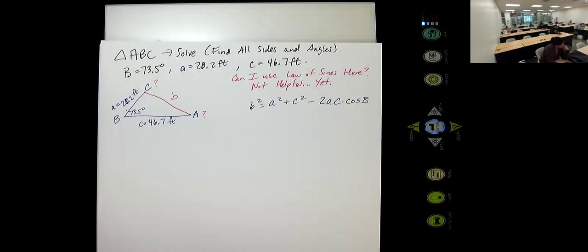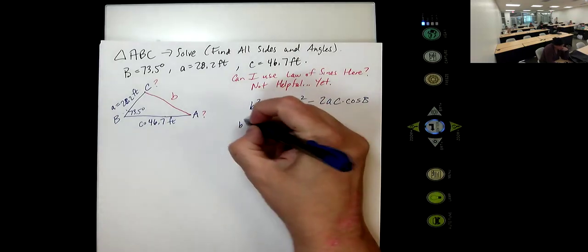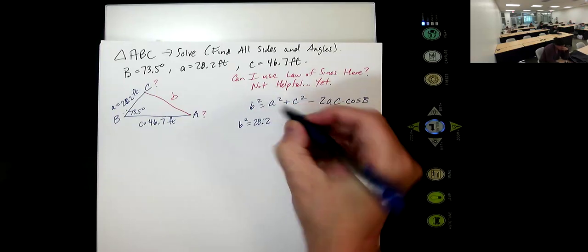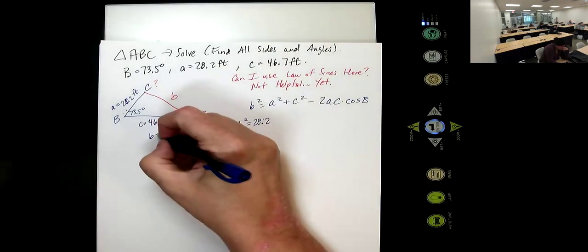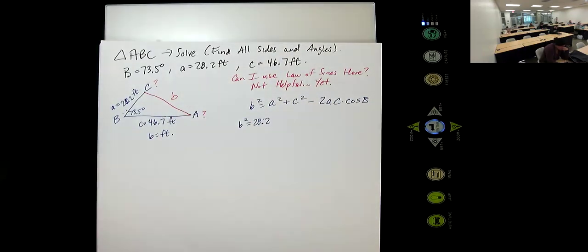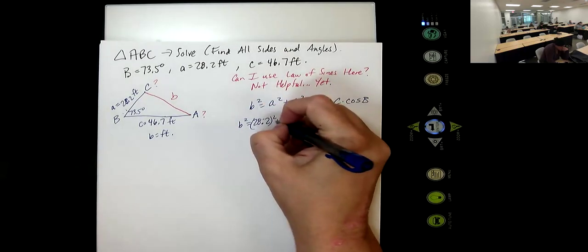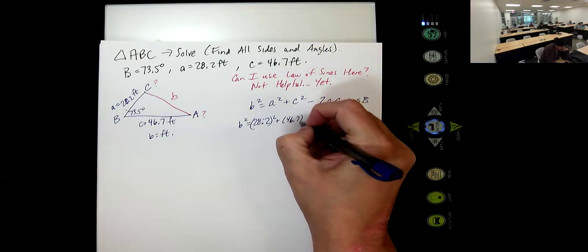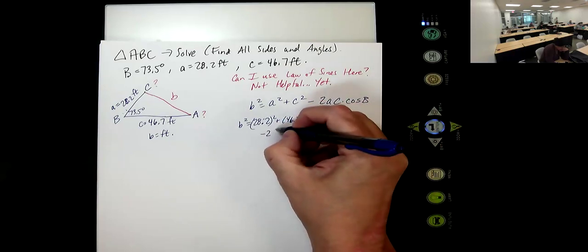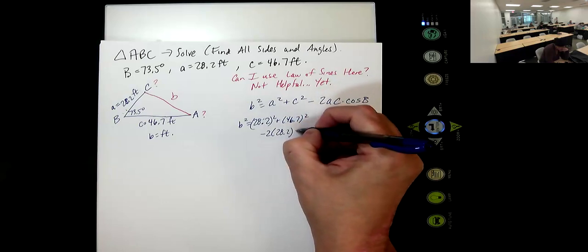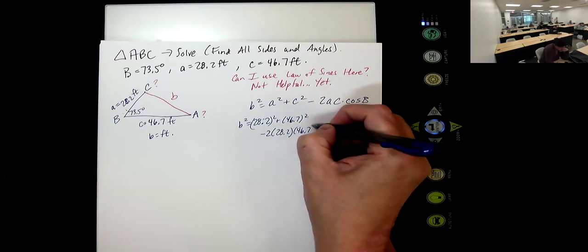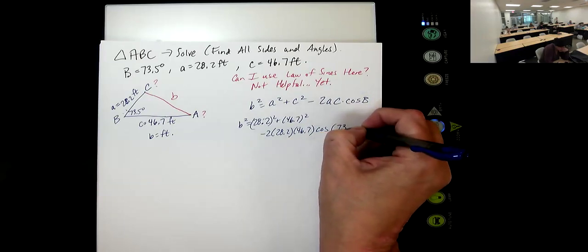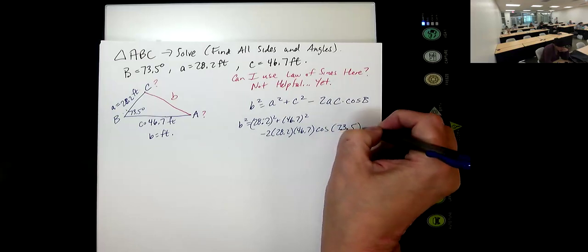B squared equals 28.2 squared. We'll just note that B is gonna be in feet later on, so I don't need to write it down as much. And then we have C squared, 46.7 squared, minus 2 times 28.2 times 46.7 times cosine of 73.5 degrees.